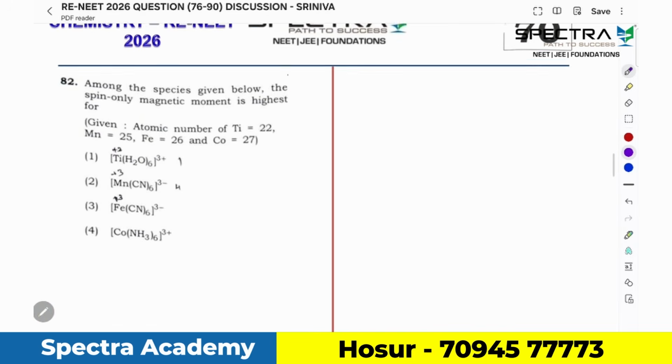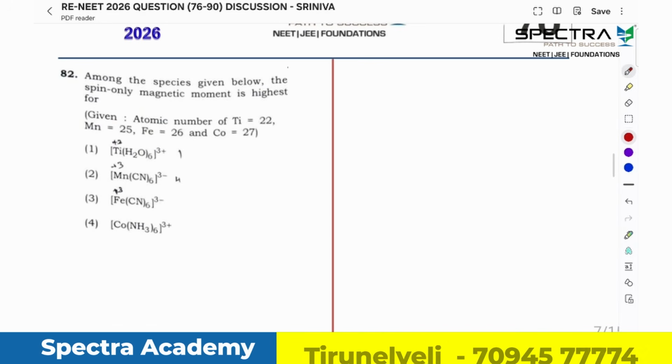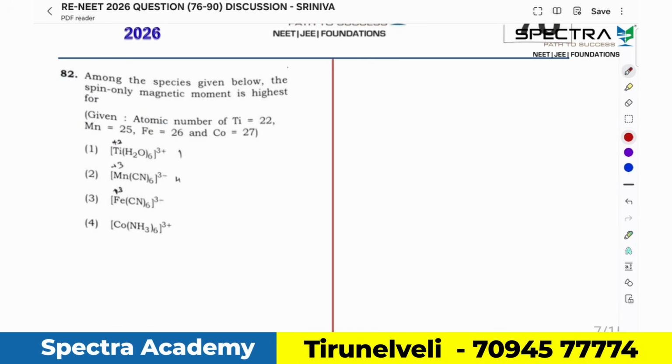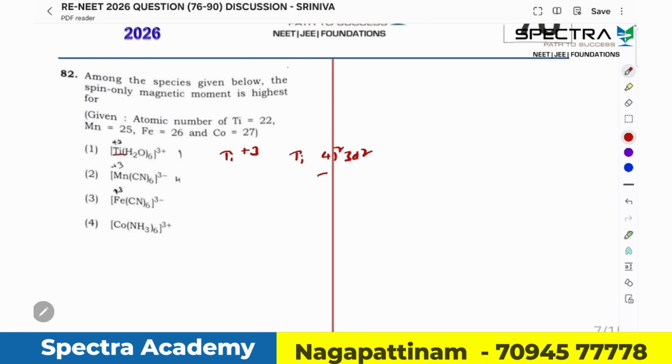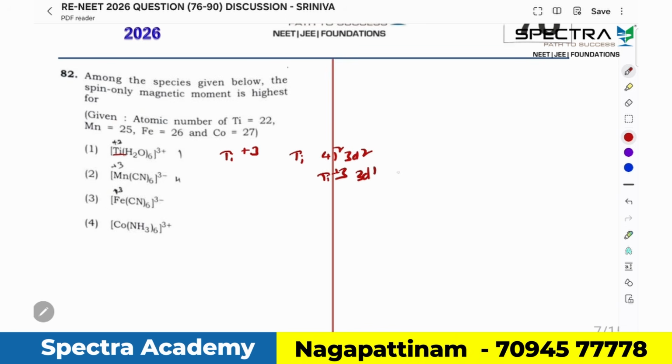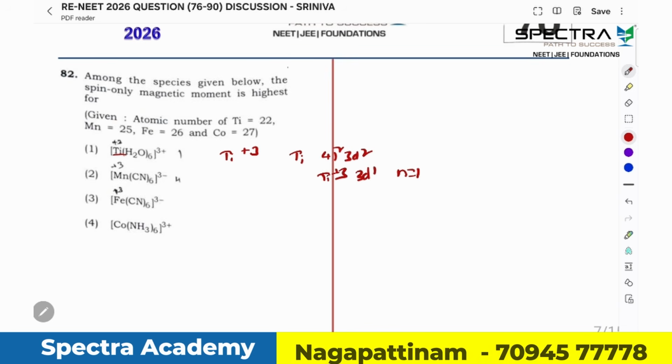Now coming to question number 82. You can check the number of unpaired electrons, and based on that you can identify. Let's take titanium, oxidation state plus 3. Titanium atomic number you know, 4s2 3d2. So titanium plus 3 means 3d1. We have only one unpaired electron.